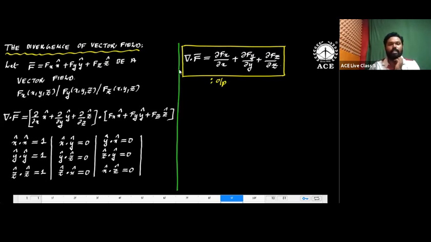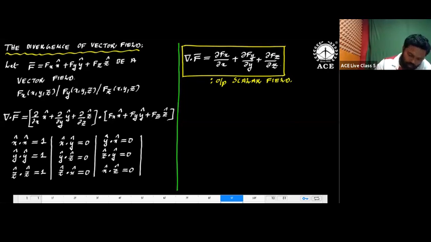Output is not just a scalar, it is a scalar field. You should add that word. Output is scalar field. Okay, fine. That means output is also different at different locations, which I'm going to show.